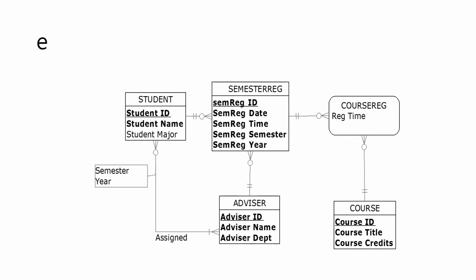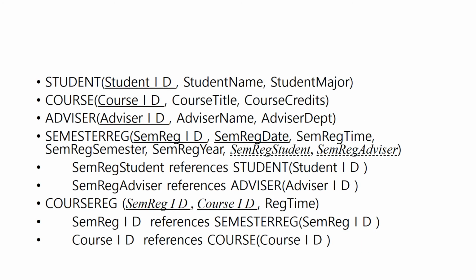So you can see there are student table, primary key student ID, student name, student major. Course table, course ID primary key, course title, course credit. Advisor table, advisor ID is a primary key, and advisor name, advisor department.